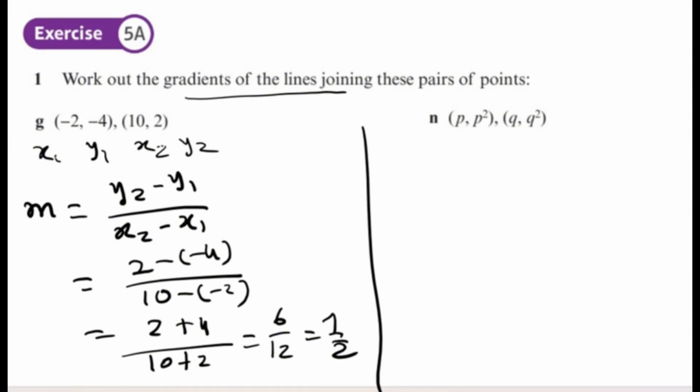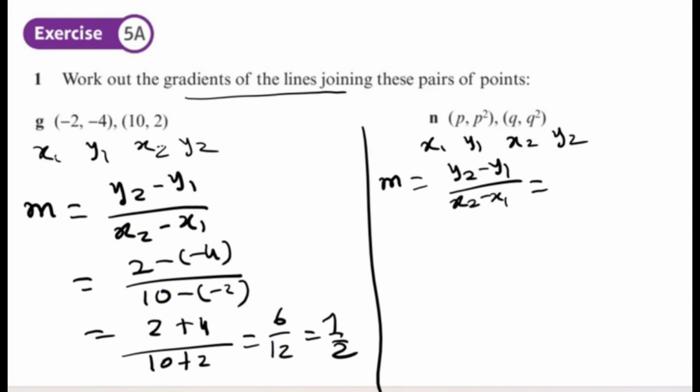Do the other question. Here p and p squared, q and q squared, two coordinates are there. So this is x1 y1, this is x2 y2. m is equal to the same formula, y2 minus y1 over x2 minus x1.